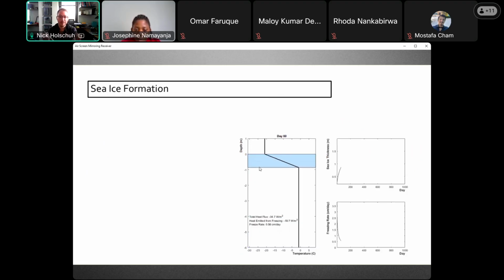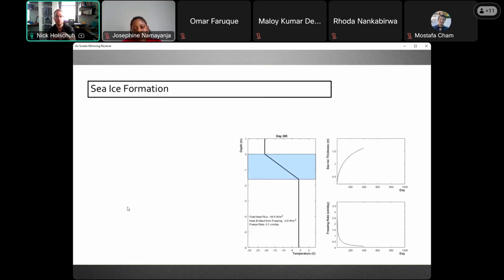Ice is thermally insulating. So this animation that I'm showing on the right is a really simplistic sea ice model. As soon as you start to grow sea ice at the surface of the ocean, it now is trapping the heat of the ocean underneath.